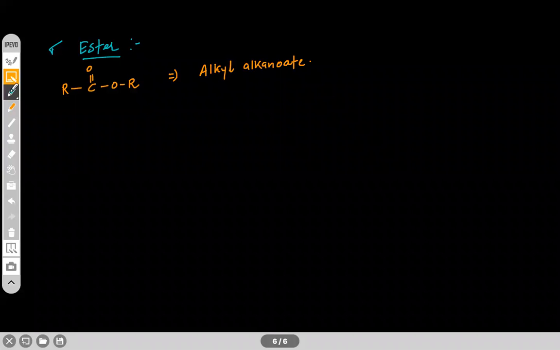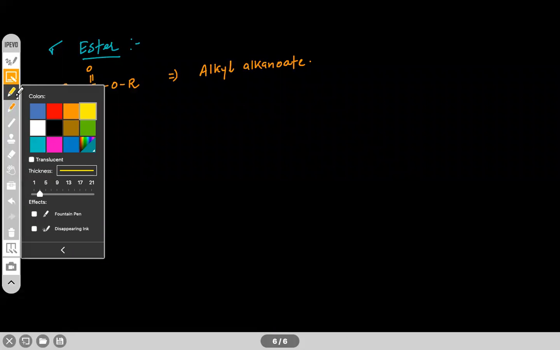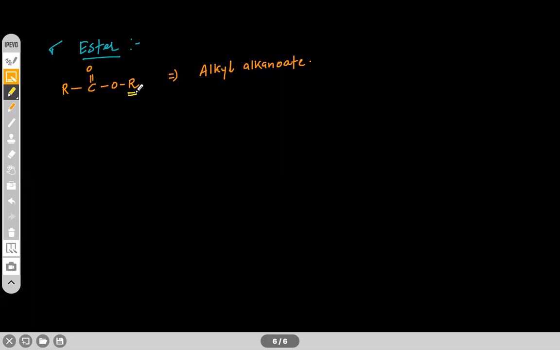You see here, there are two alkyl groups present, this one and this one. Right. So which one should go with alkyl and which one should go with alkanoate? Okay. This is important to keep in mind.